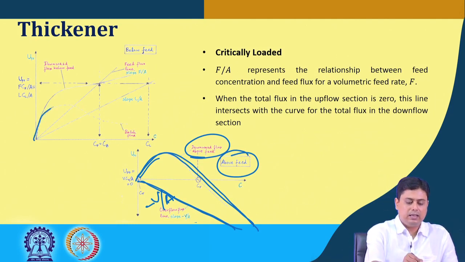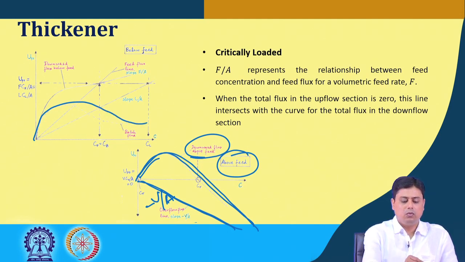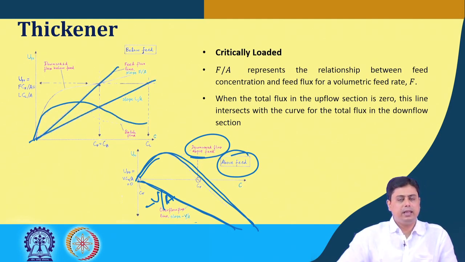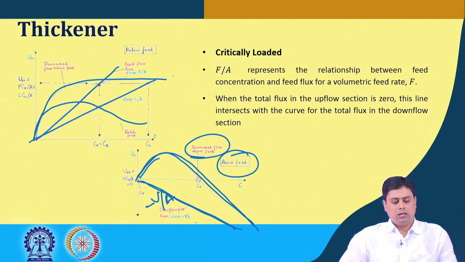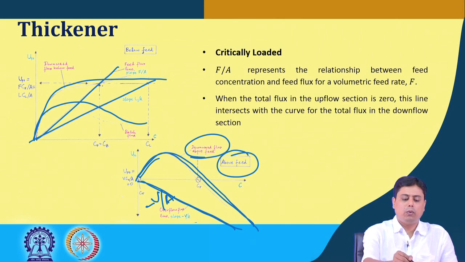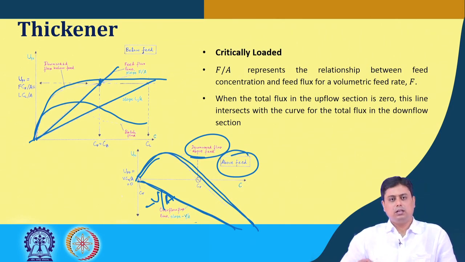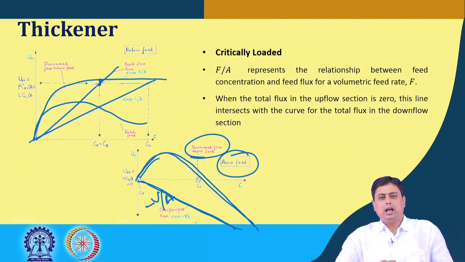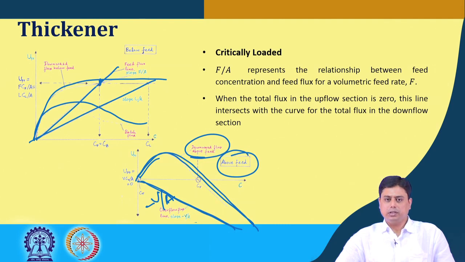So this is the batch flux data. We have the F by A and L by A line. This is the resultant total flux that is downward below the feed. The point where this intersects indicates that there is no upflow, which means that is a critical point, the critical condition at which the thickener can operate.